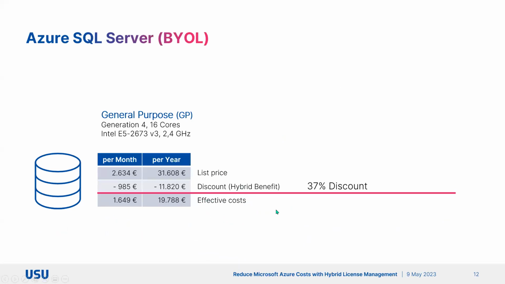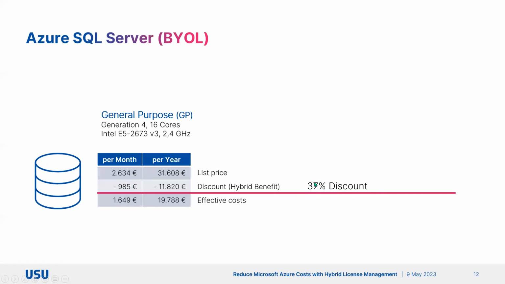Let's assume a certain database, general purpose, 16 cores, and let's look at the costs. So of course the list price, you might have a far better rate with your contract. But per month you would pay 2,600 euros for this database. If you use your own license, you get, in this case, 37% discount.